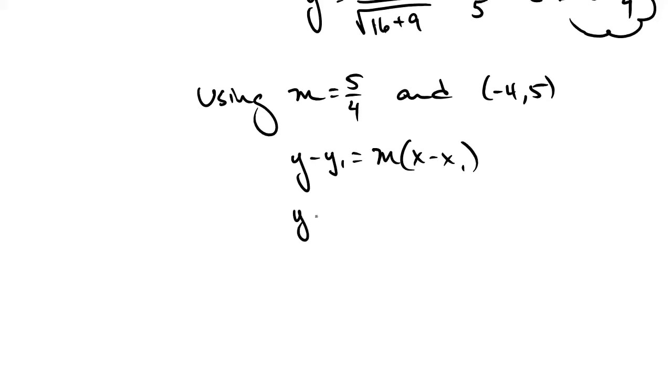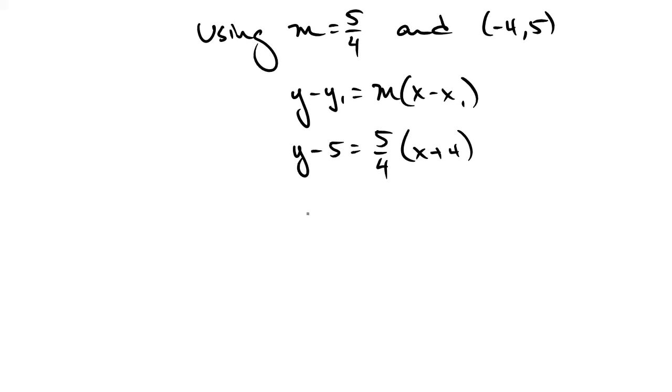Substituting all these values in, I get y minus 5 equals 5/4 times x minus -4, which is the same thing as x plus 4. Y minus 5 equals 5/4 x plus 5.